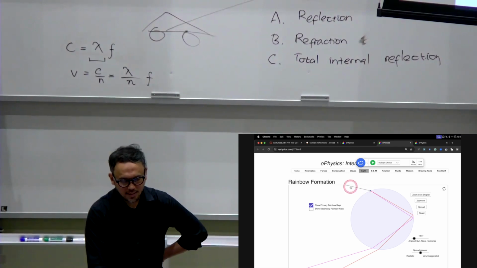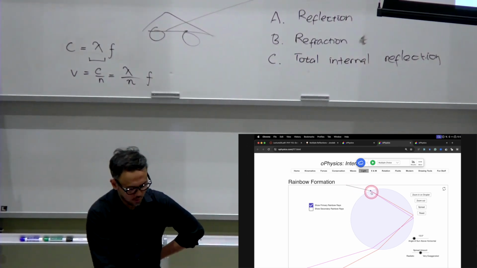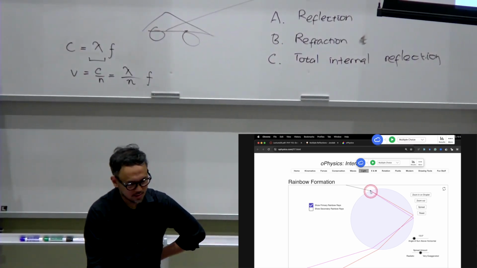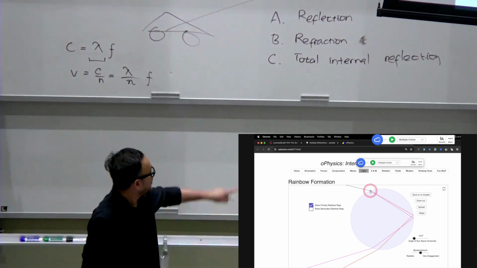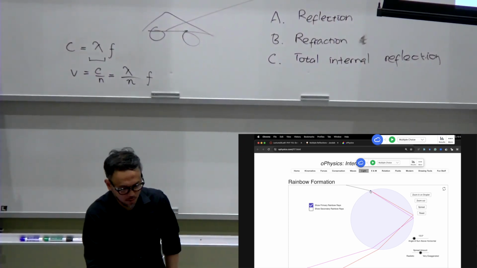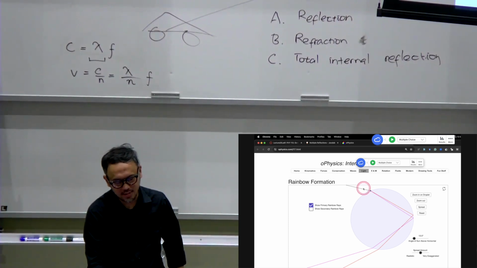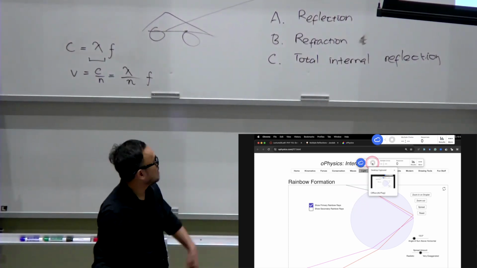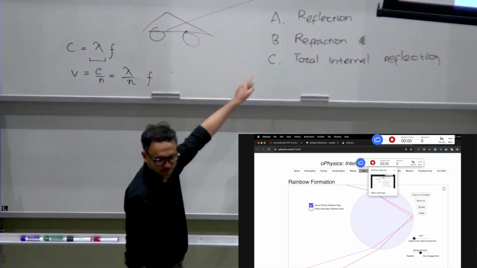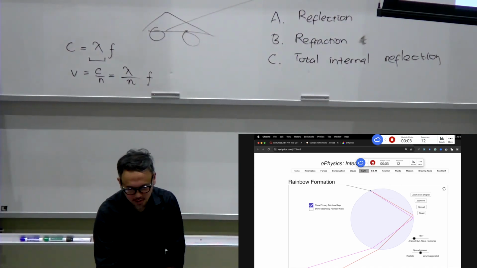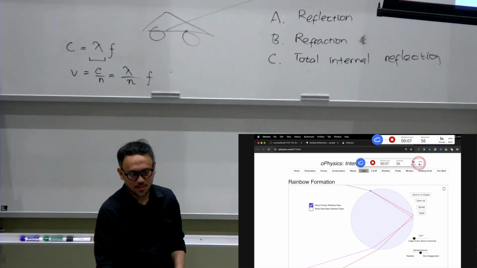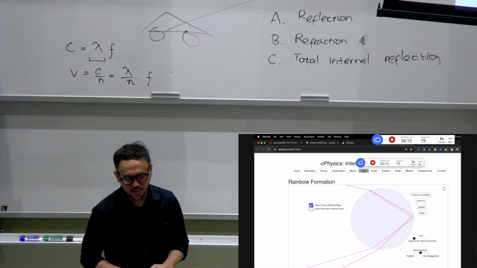When light enters the water droplet, it bends. The first question, and let's only spend 20 seconds on this: among the following optical phenomena, which one is this process, light bending from air to water droplets? Is it A, reflection, B, refraction, or C, total internal reflection? Good. 10 more seconds.